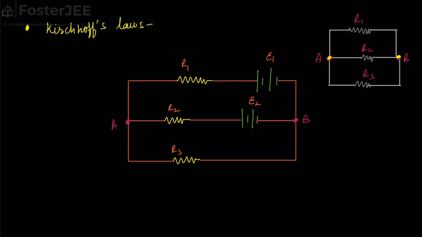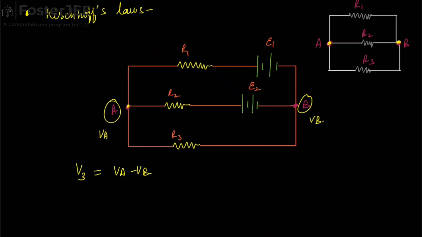But here, because of the presence of these batteries, there will be some different potential difference across each resistor. Suppose this point has potential VA and this point has potential VB. Then the potential across the third resistance R3, let's suppose that is V3, is VA minus VB.